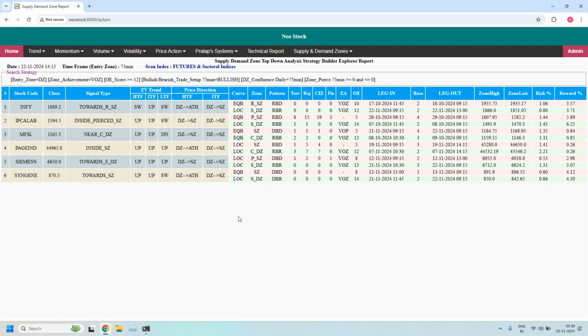Because 75 is part of the daily and daily trend is up in all the stocks, if any of these daily zones are having daily EMA, then those stocks are even more high probability. What you are seeing are 75 minute zones, but they are part of the daily zones. Let's verify.